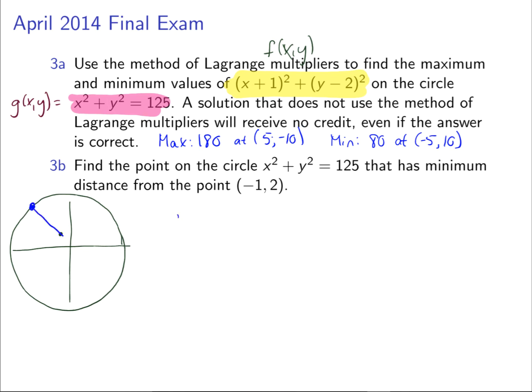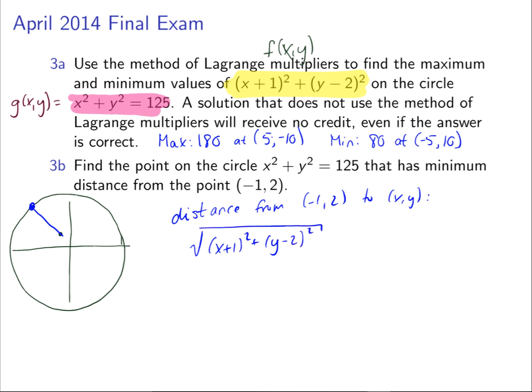So the distance from the point minus 1, 2 to the point xy is the square root of x minus negative 1 squared plus y minus positive 2 squared. And notice this is the square root of our objective function from part A. So whatever makes the inside of this square root smallest makes this whole function smallest.